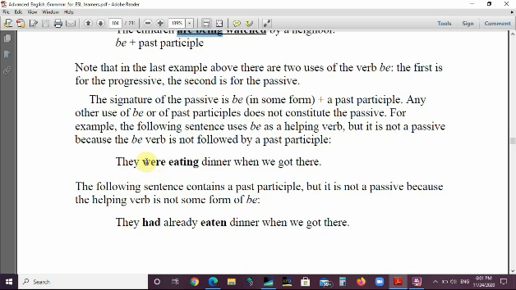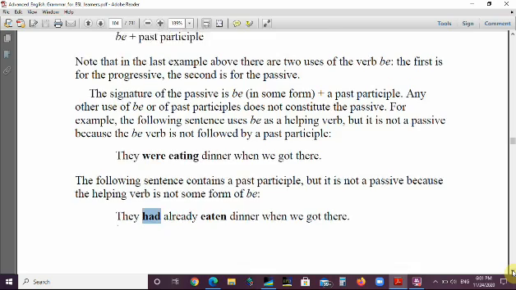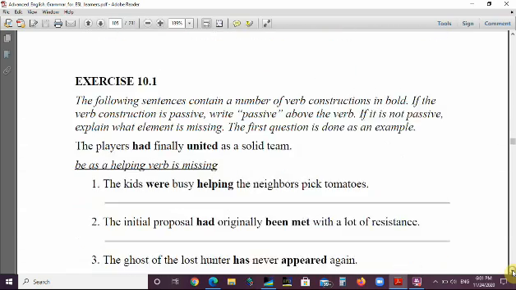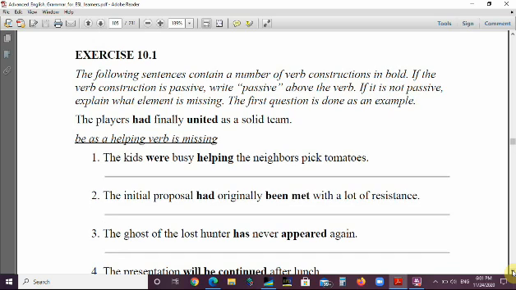They were eating. So we have be here, were, but we don't have past participle. And this sentence has past participle here, but it doesn't have be. So it's a must to have both things: any form of verb to be, and the past participle of the main verb.